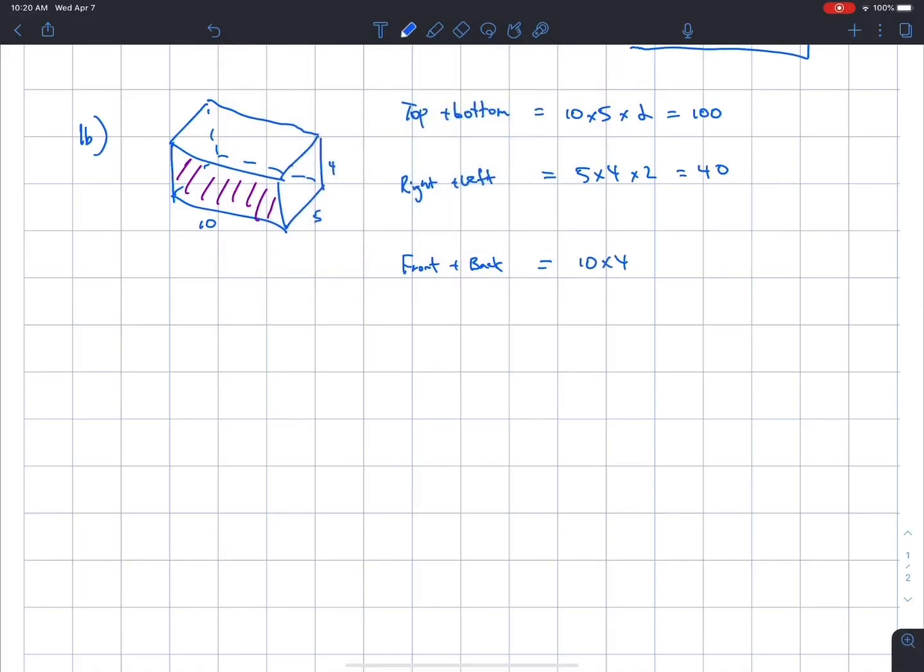And then we can times it by 2. We get 80. So now the total surface area is just 100 plus 40 plus 80. We get 220. So once again, all of these are in centimeter, so my answer will be in centimeters square.